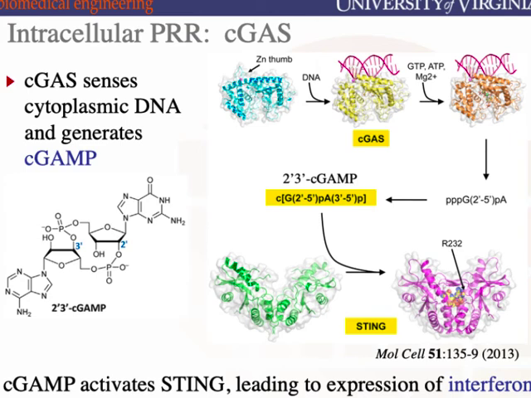This is where I put receptors in quotes, right? These are not canonically thought of as receptors, but they're in this family of pattern recognition proteins. The first is this one called cGAS that we'll talk about. And what cGAS is going to do is it's going to sense cytoplasmic DNA.